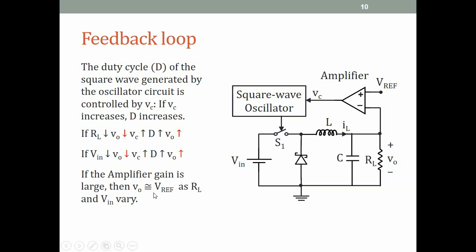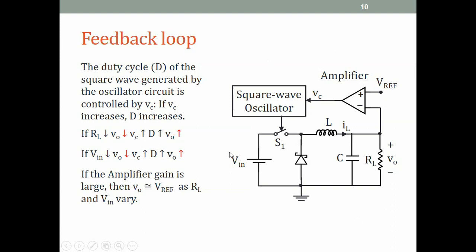But the bottom line, or the final effect, is that if the gain of this amplifier is large enough, then irrespective of the value of RL and Vin, VO will be approximately equal to Vref. So we have achieved regulation in that we have made VO constant independent of RL and Vin. Alright, so we are almost there with our final buck converter circuit.